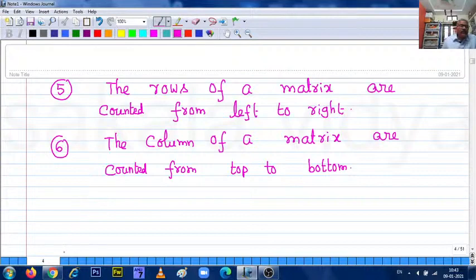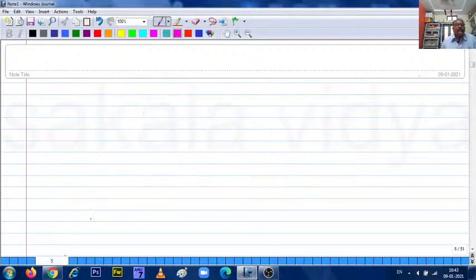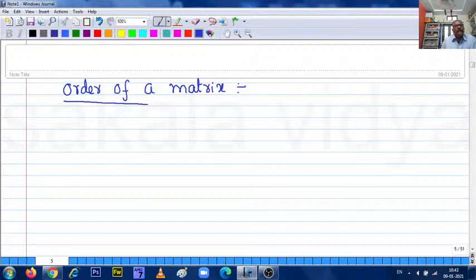Okay, next definition. So next definition is order of a matrix. This is also very important.